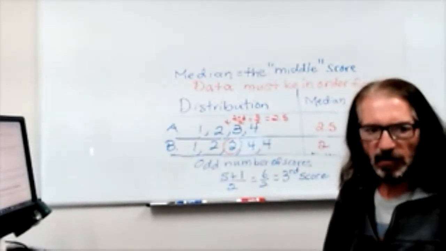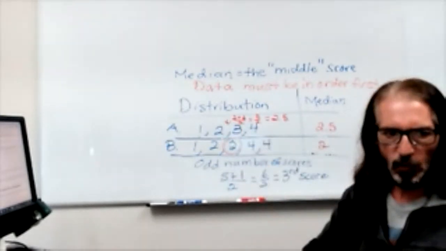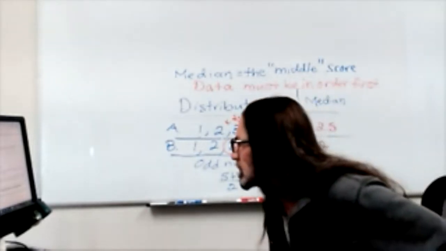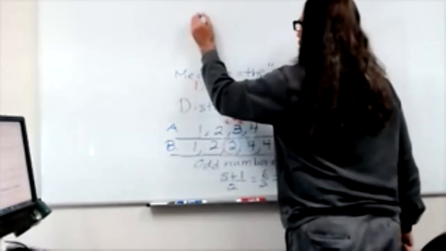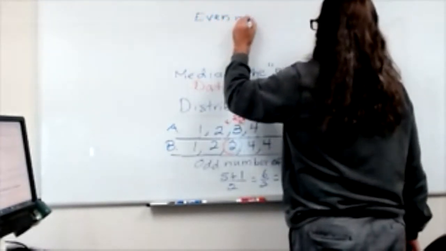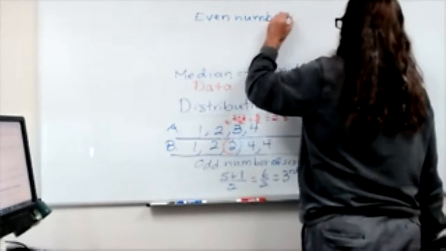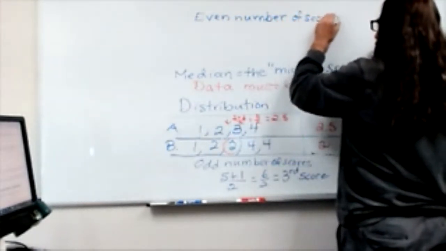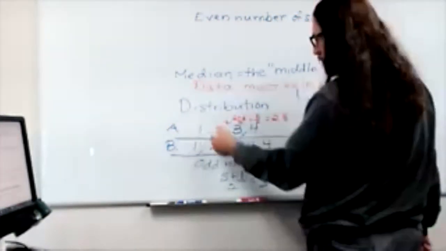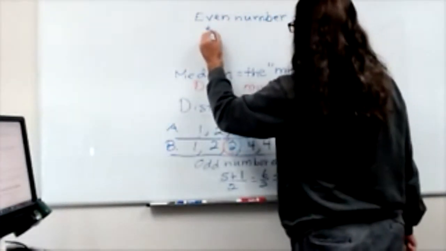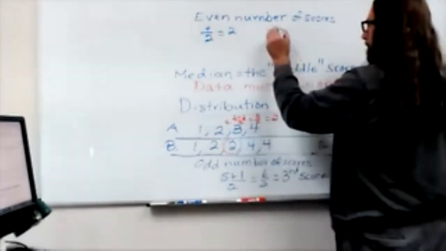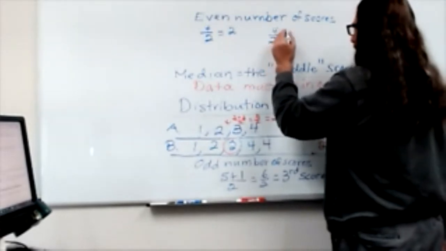Then they'll go on to tell you that if you have an even number of scores, that we should use something different. They're not wrong. Specifically, they would tell you to divide the number of scores by 2. In this case, we've got 4 scores in distribution A versus one higher than that.